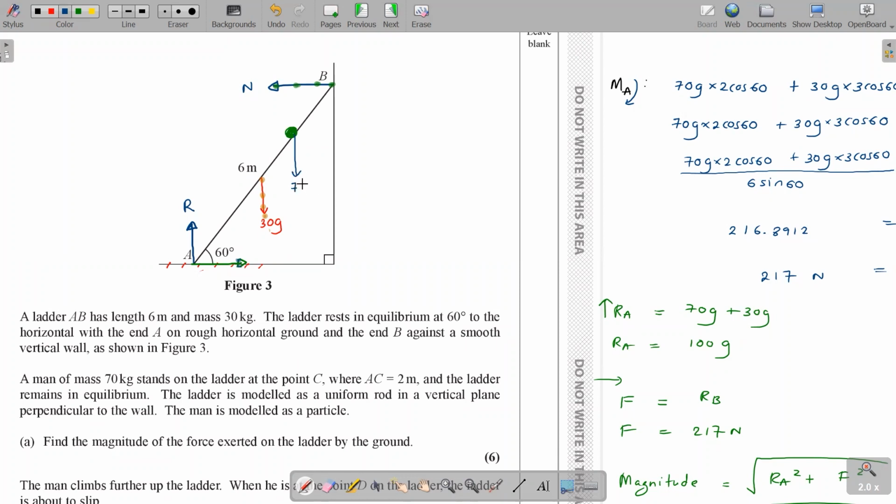His weight is 70 g, right? We do not know the distance AD. So I'll say distance AD is X.